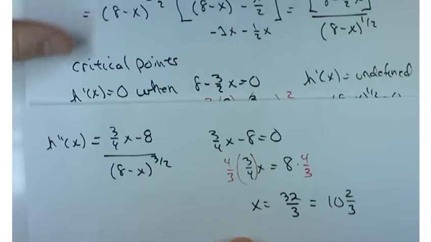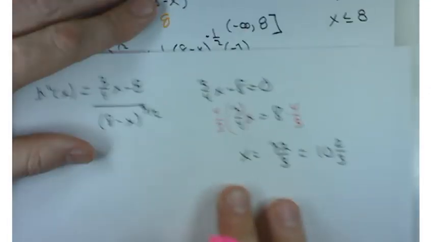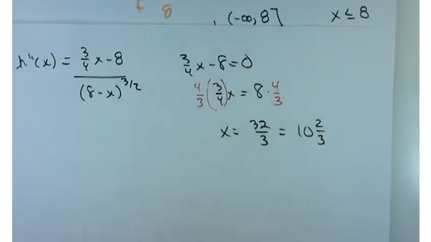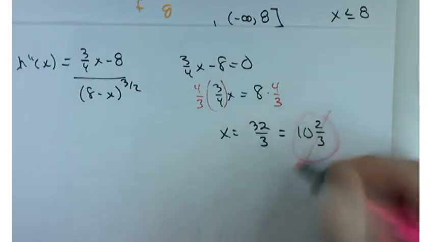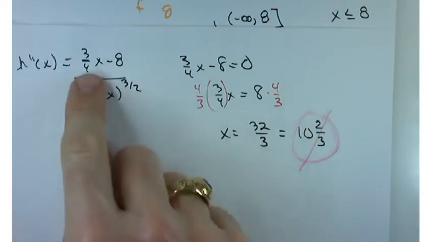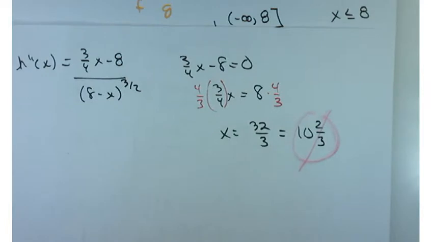Remember we started this out and said, our domain is everything less than or equal to 8. So this is outside the domain. So basically this function can't change signs in the domain. It's either always going to be positive or always going to be negative. We just got to figure out which.